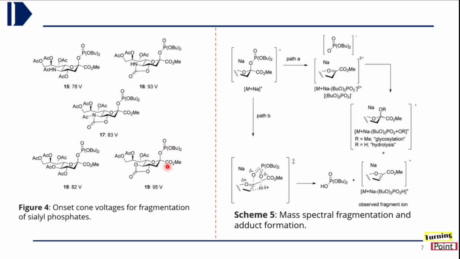Because of the lesser positive charge, it will undergo a kind of concerted SN2 mechanism, not specifically SN2, but either SN2 or towards an associative mechanism. So eventually it leads to the formation of the alpha-selective product.